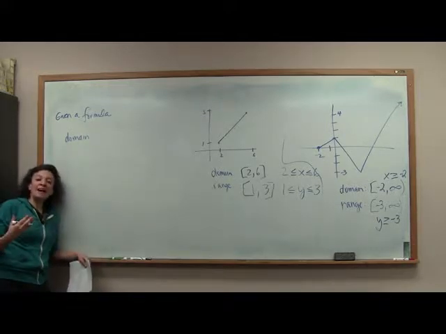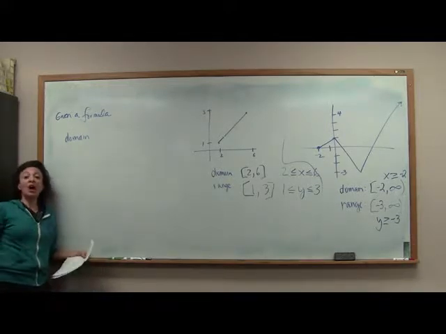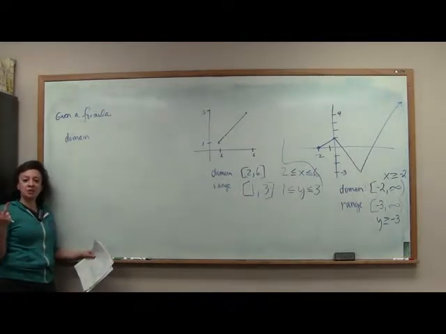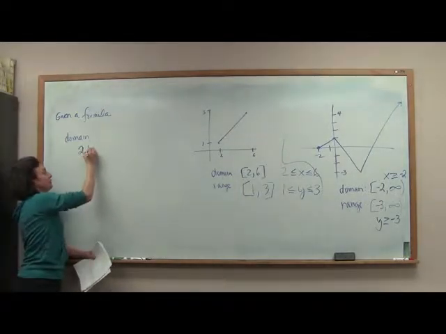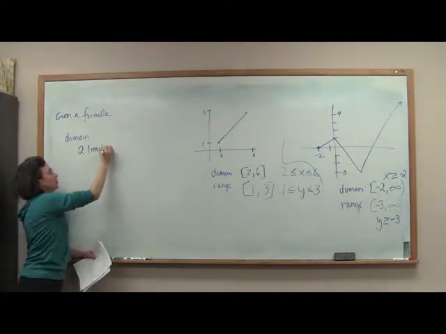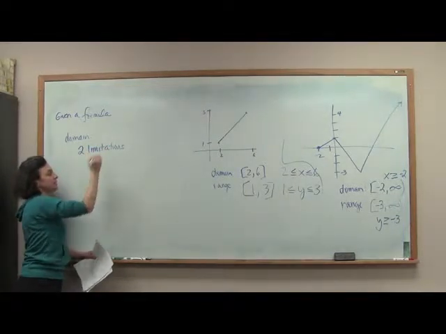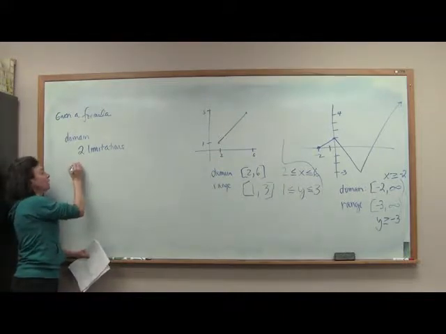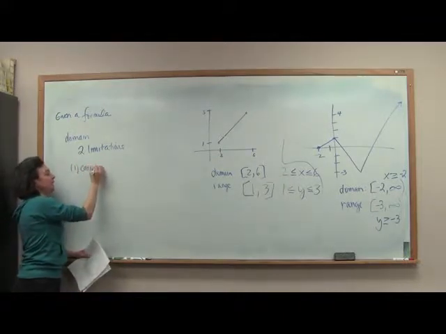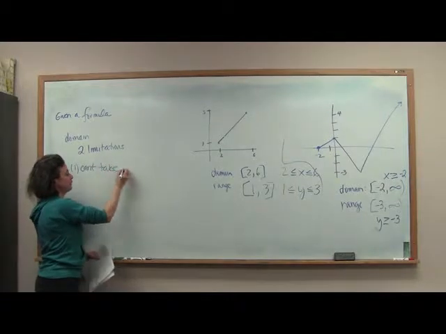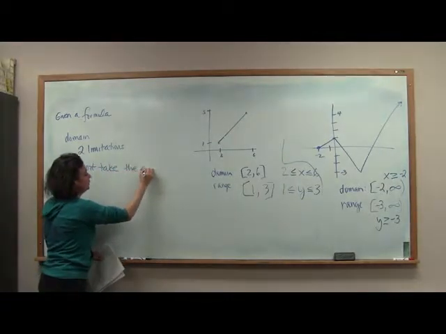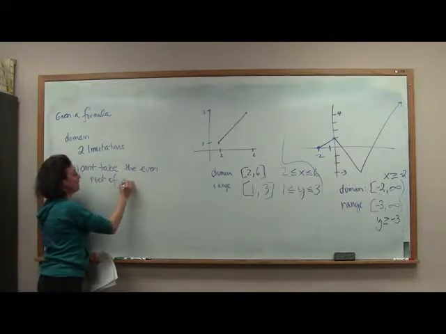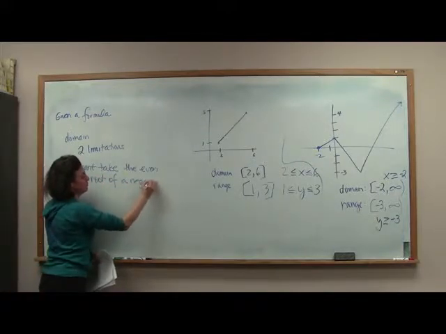We're asking what inputs are allowed. I claim we have exactly 2 limitations when we're dealing with functions over the set of real numbers. One limitation is you can't take the even root of a negative number.